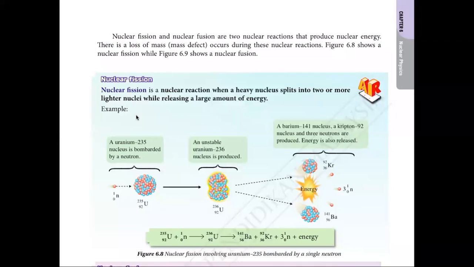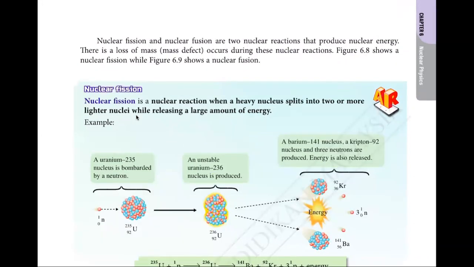Nuclear fission and nuclear fusion are two nuclear reactions that produce nuclear energy. There is a loss of mass, or we call it mass defect, that occurs during these nuclear reactions. In the figure below, one shows nuclear fission, and the other figure shows nuclear fusion.